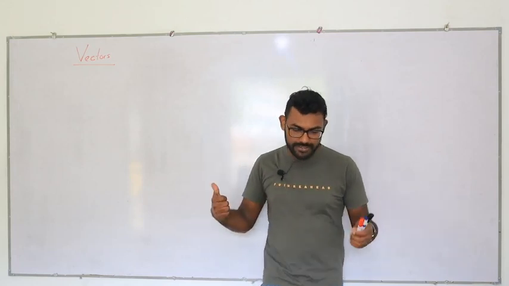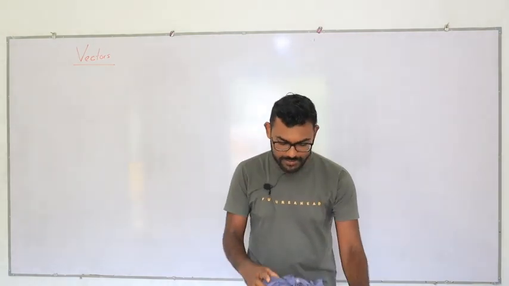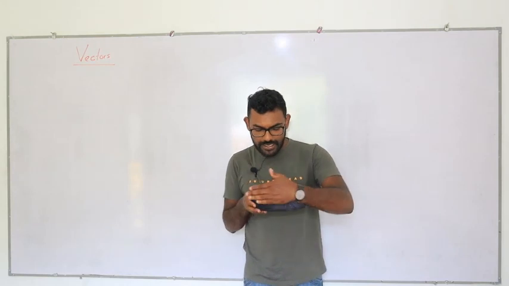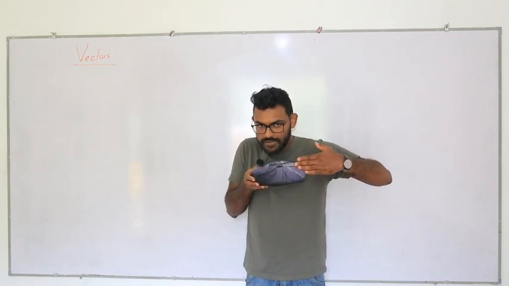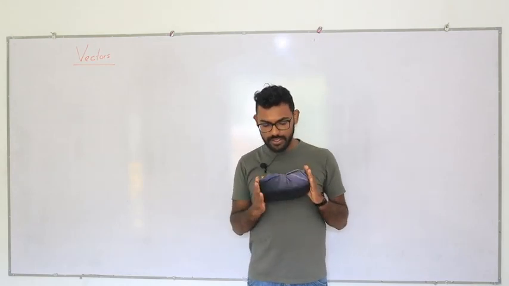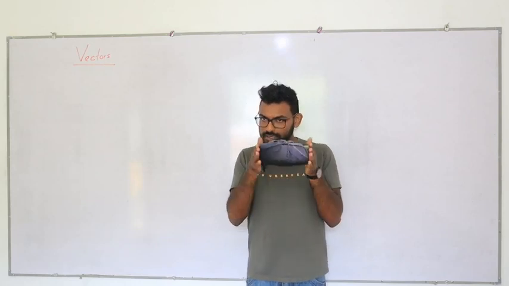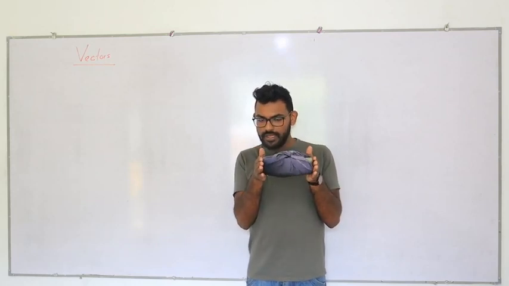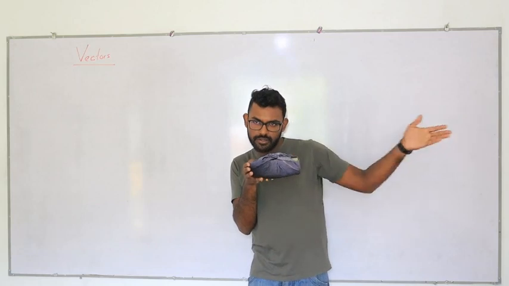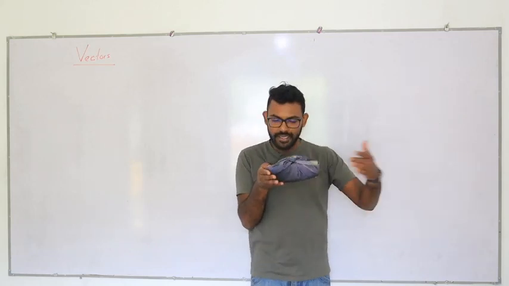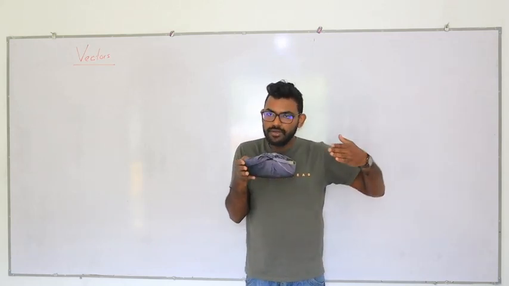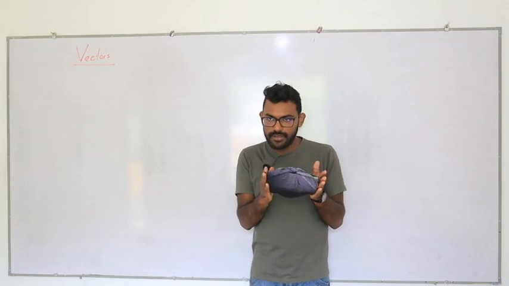Another example that we can take is this. When we are taking the length of this, let's say the length of this is around 20 centimeters. Are we saying 20 centimeters to the north? No, right? We don't say that. It's just taking the length measurement to be 20. That's it. 20 centimeters.